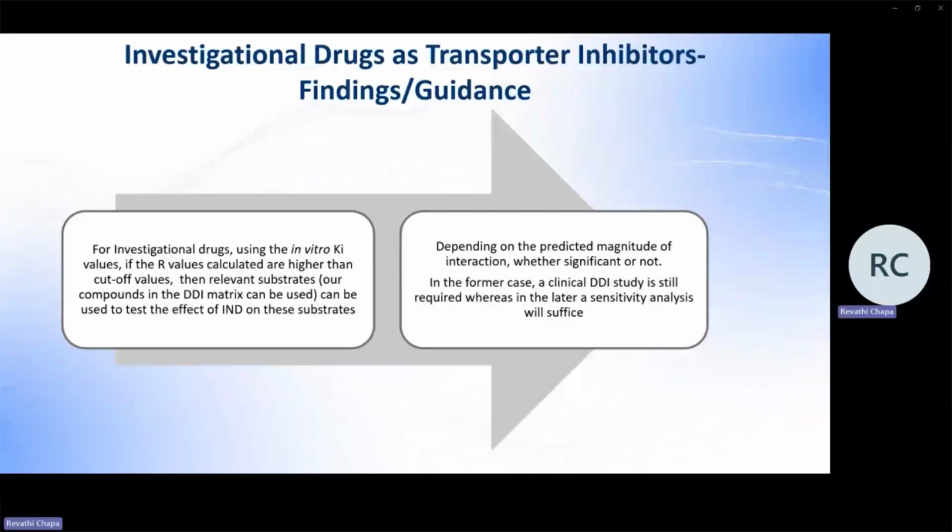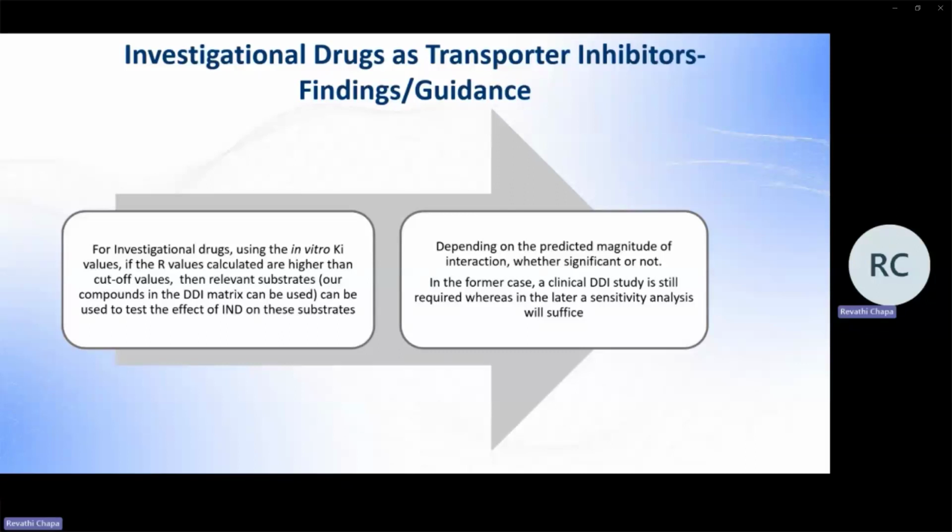So, coming to the case scenario where the investigational drugs are transporter inhibitors, for example, of transporters like OATP1B or PGP or BCRP. Using the in vitro Ki value that is generated, if the R values calculated are higher than the cutoff values that Suvarchala has discussed in the earlier slides, then a relevant substrate, that is, our compounds in the DDI matrix, can be used.